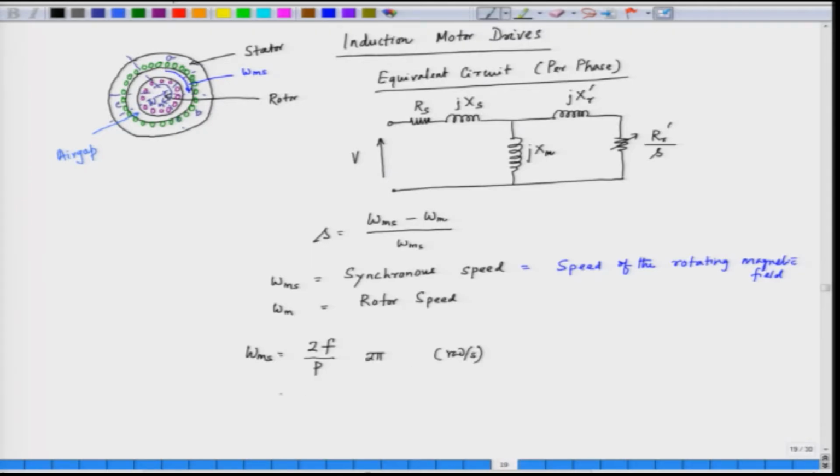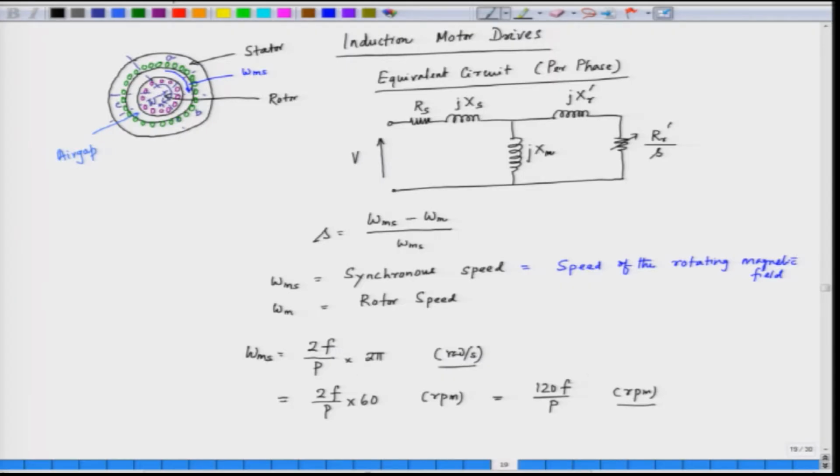Or if we define this in rpm, revolution per minute, this is 2 f by p into 60, and this is same as 120 f by p, and the unit is rpm, and the above one is radian per second.